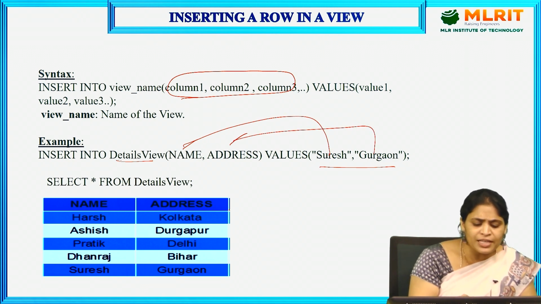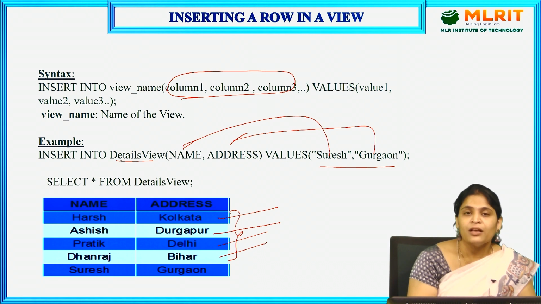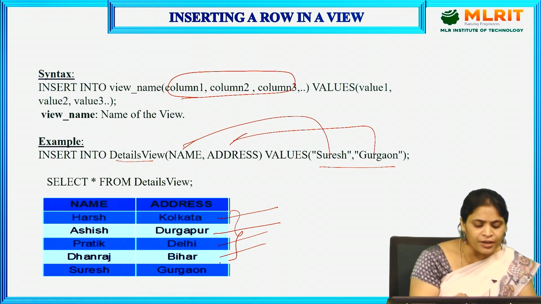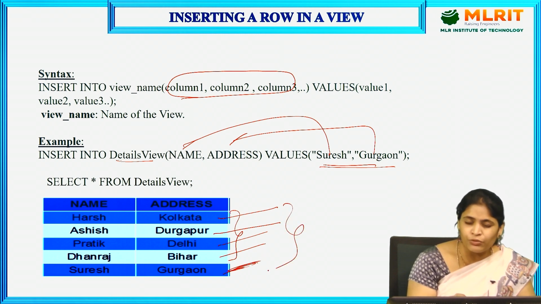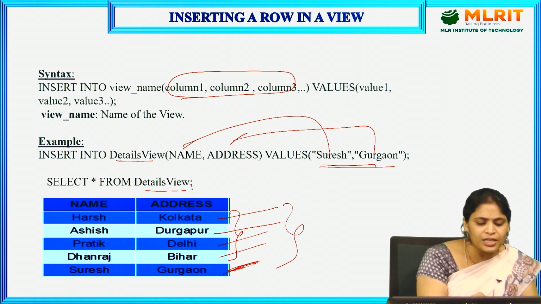So previously we had in details view only 4 rows: Harsh, Ashish, Pratik and Dhanraj. So now I am going to insert one more row into a view. So into this view, this row has been inserted, Suresh and Gurgaon. To view this particular view which has been inserted, what is the command? Select star from details view.